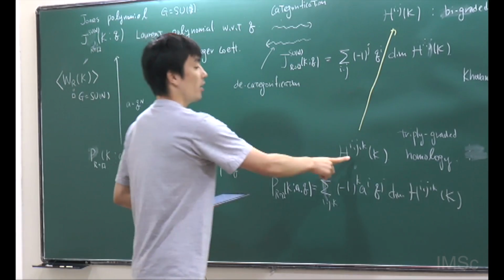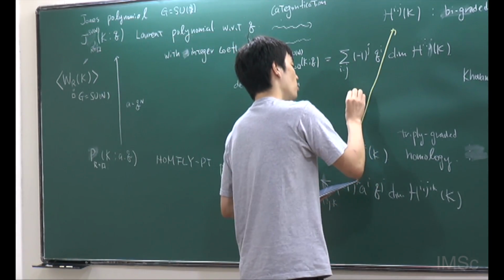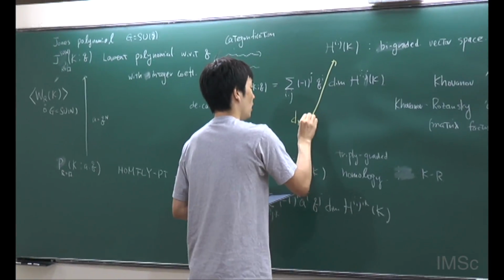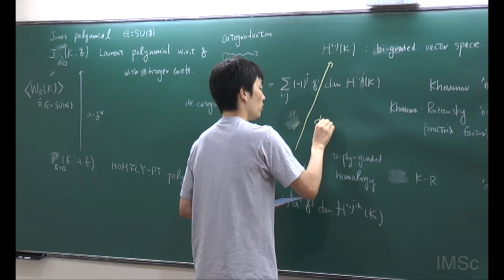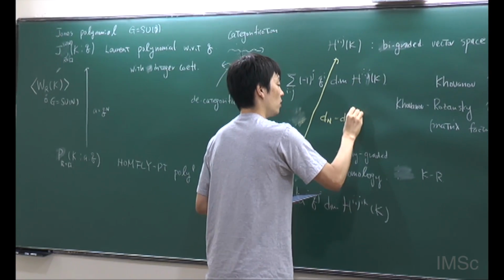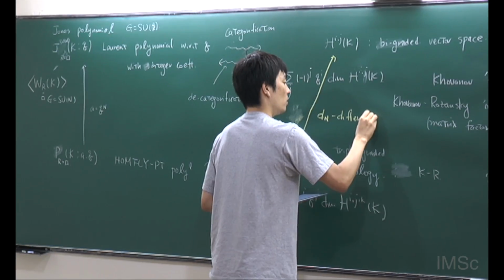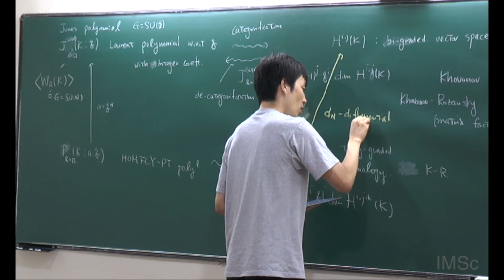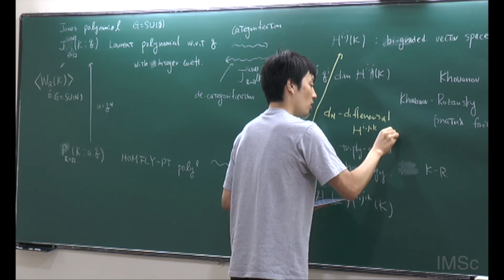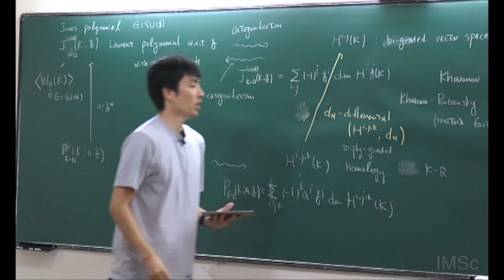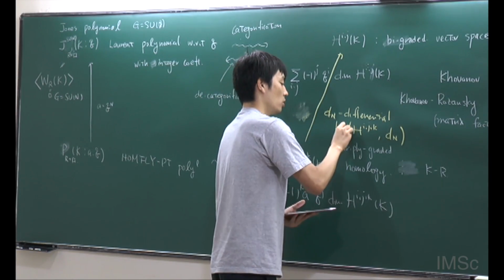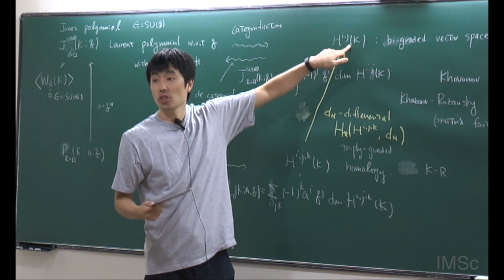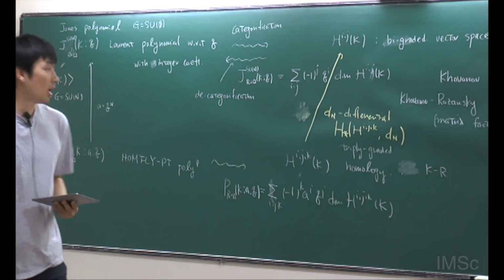But from triply graded to doubly graded, you take the so-called d_N differential: the differential acts on the triply graded homology, and you take the homology with respect to the d_N differential, and what you get is the doubly graded homology.